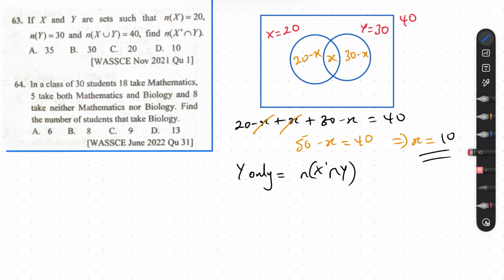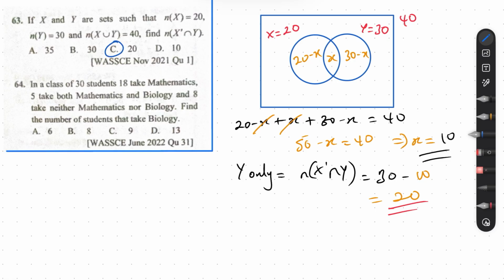So we just need to do 30 minus x, and we know x is 10. So that will give us 30 minus 10, which is 20. So our answer is 20, which is C.